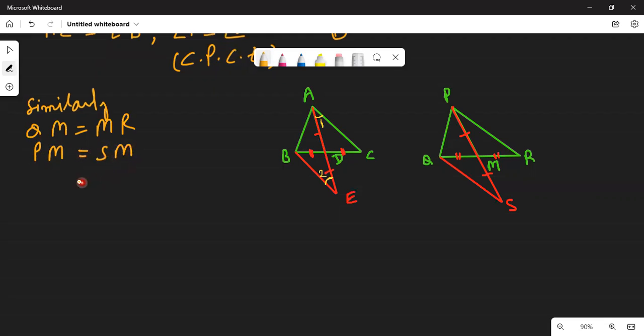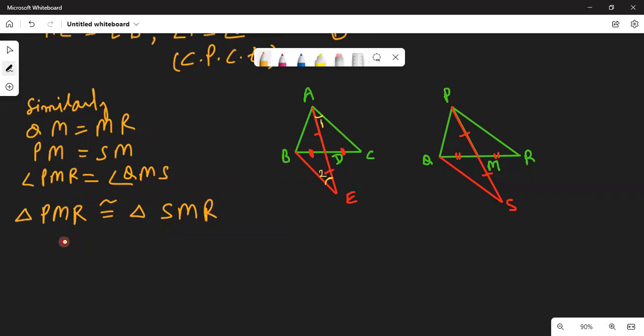This was construction, and angle PMR is the same as angle QMS, vertically opposite angles. So you can say triangle PMR is congruent to triangle SMQ. From there also, we would like to relate these sides: PR will be the same as QS.